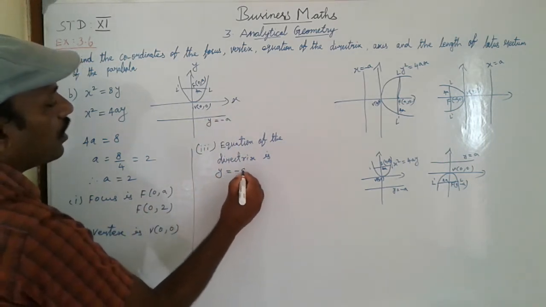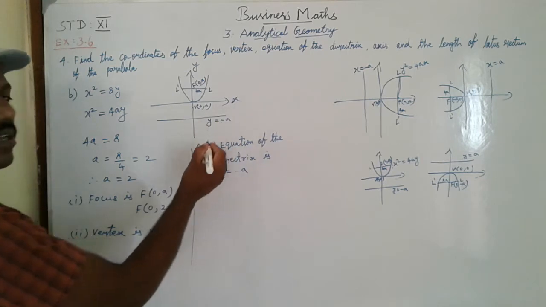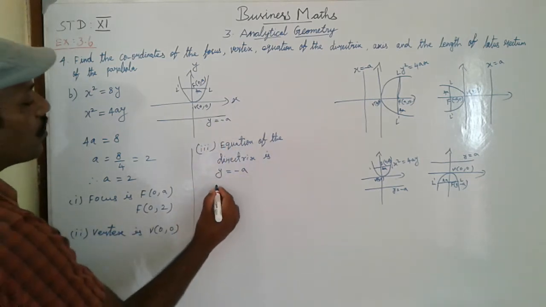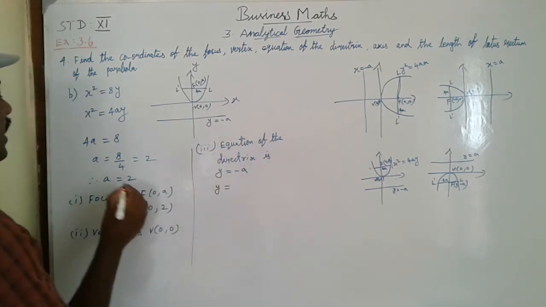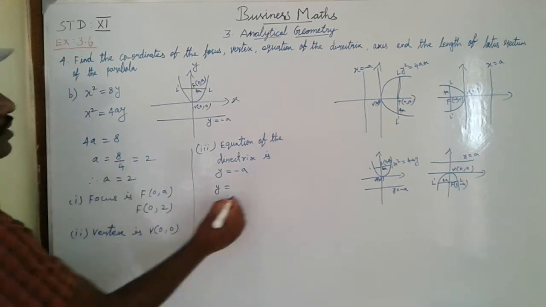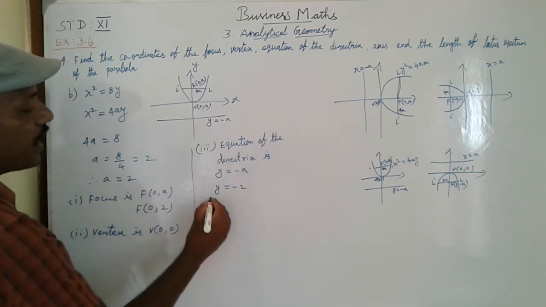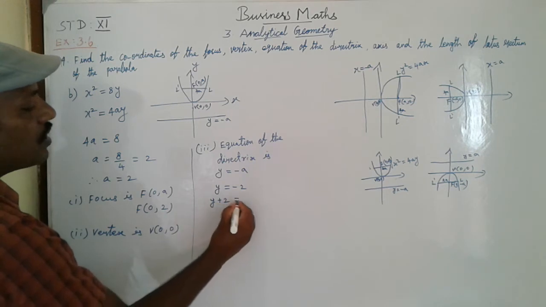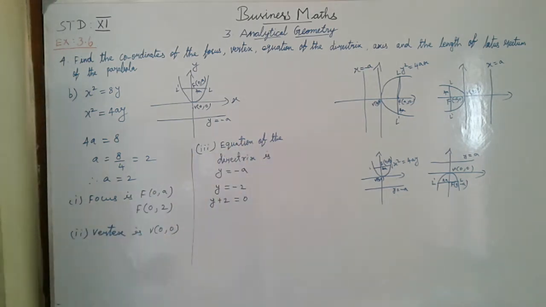The value of a is 2, so y equal to minus 2. Taking the terms to the left, y plus 2 equal to 0 is the equation of the directrix.